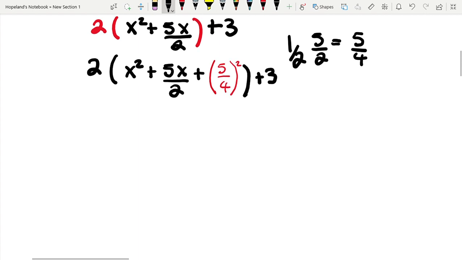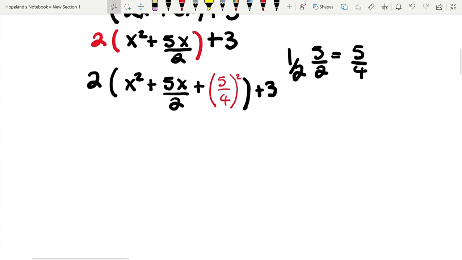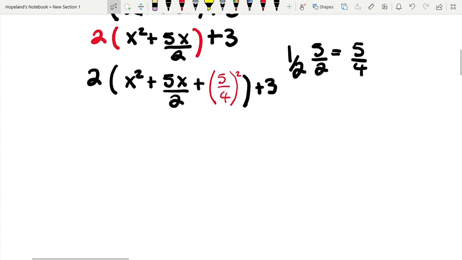Alright, in the next step, since we've added that to the parentheses, we have to subtract it from the expression. And you have to subtract it along with the product of whatever is in front out here. So let's show you how you do that.